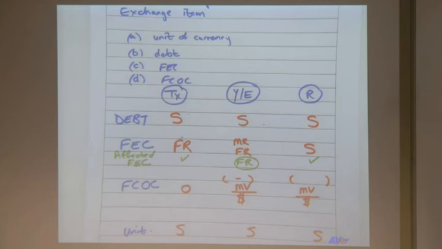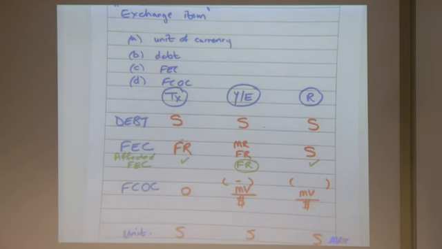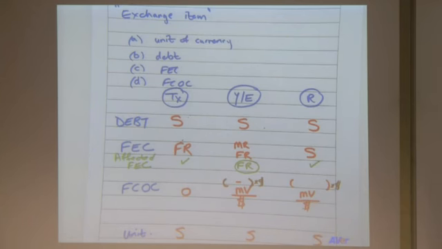Then it says multiply that difference between those two by the amount of foreign currency as specified in the foreign currency option contract. So effectively, it is the difference between two rates multiplied by my foreign currency amount. Are you with me?